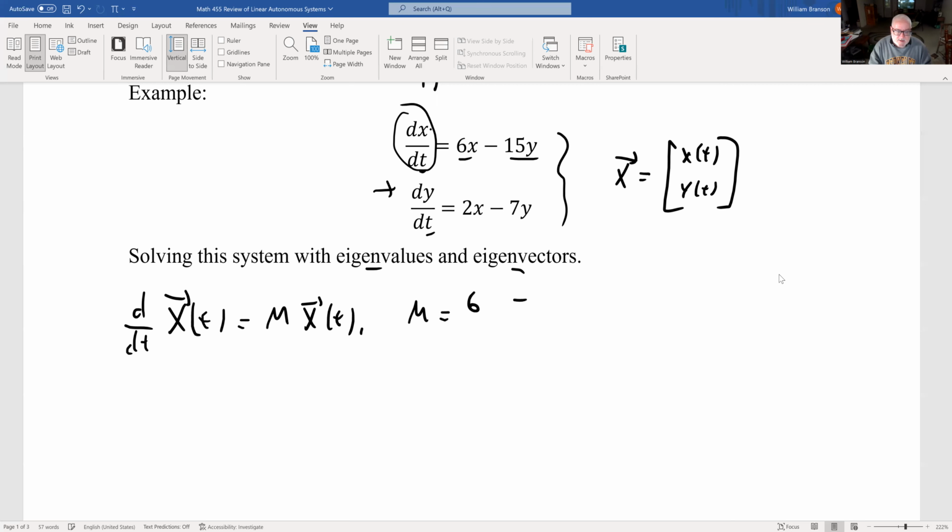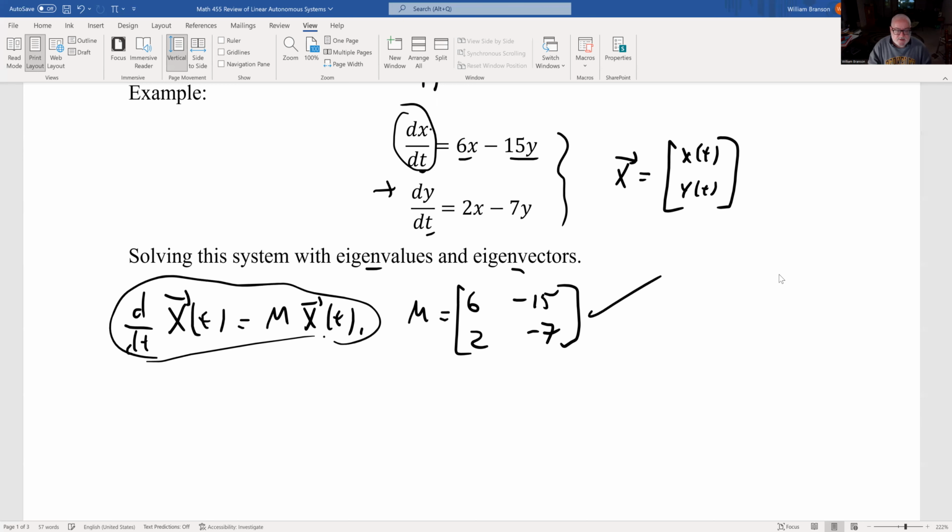So 6, minus 15, 2, minus 7. And the solutions to this system of equations depend on the eigenvalues and the eigenvectors of the matrix M.